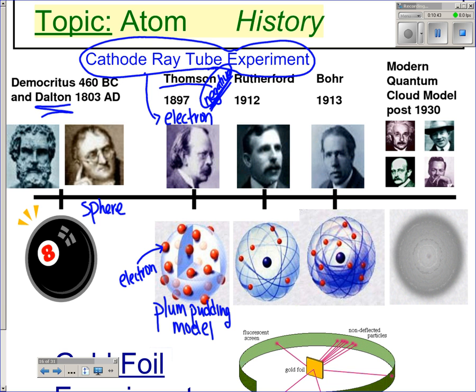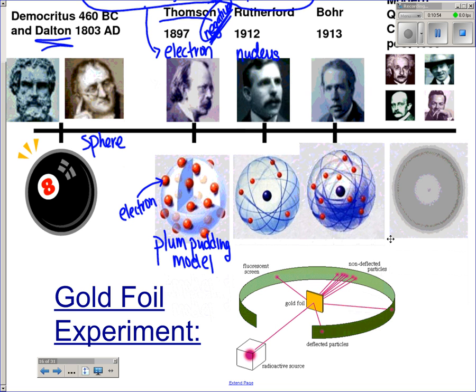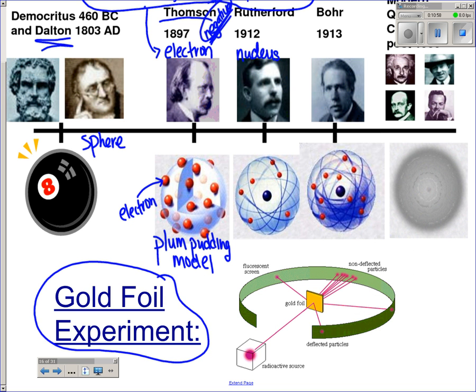Rutherford discovered the nucleus. He used the gold foil experiment, which we see down here at the bottom. And this is really our most important experiment. You really should understand how it works. But he passed these positive alpha particles, he tried to pass them through a piece of gold foil.